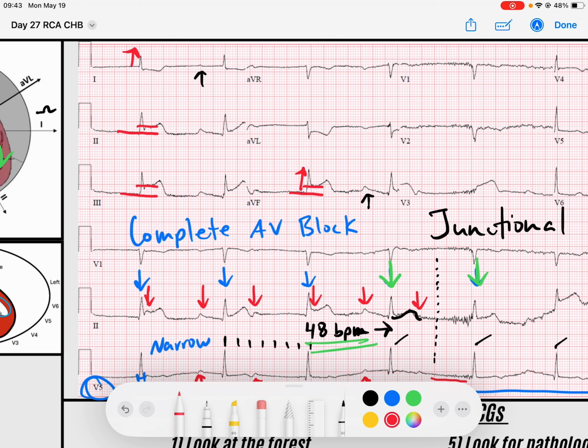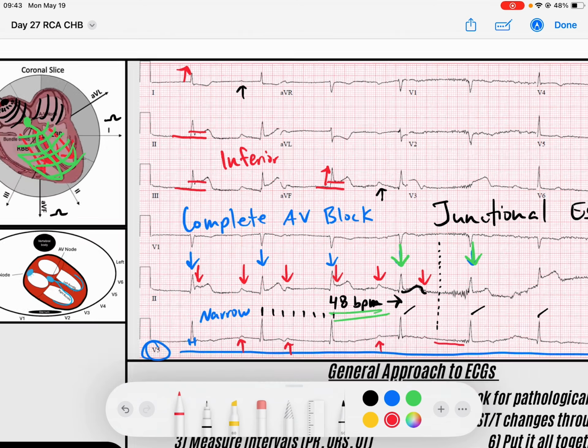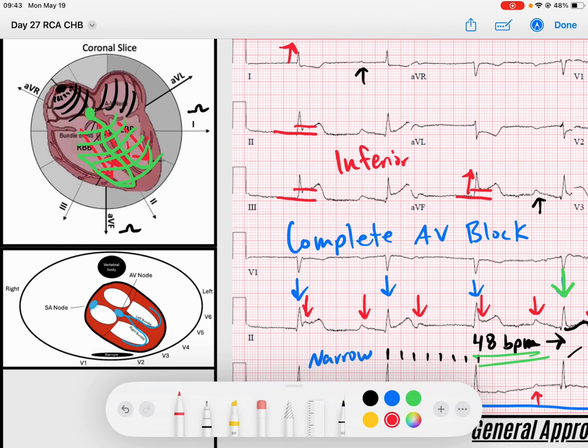So that is ST segment elevation in the inferior leads. And the inferior leads represent this region down here, the inferior wall: lead 2, 3, and aVF. So we have ischemia in the inferior leads. So we have an acute ST segment elevation myocardial infarction in the inferior leads. So we call it inferior STEMI.